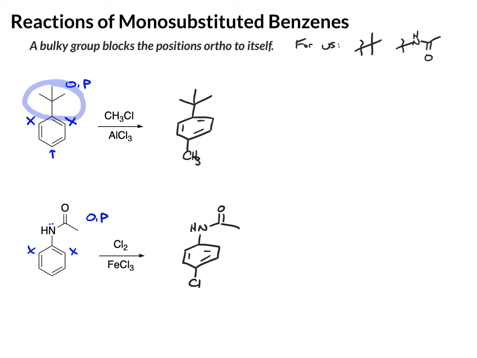So we'll get parachlorination. This particular amide substituent is going to be really important when we do synthesis because it will allow us to prevent groups being added at these positions, and then we're going to find ways to take this amide group off and transform the nitrogen to other things.